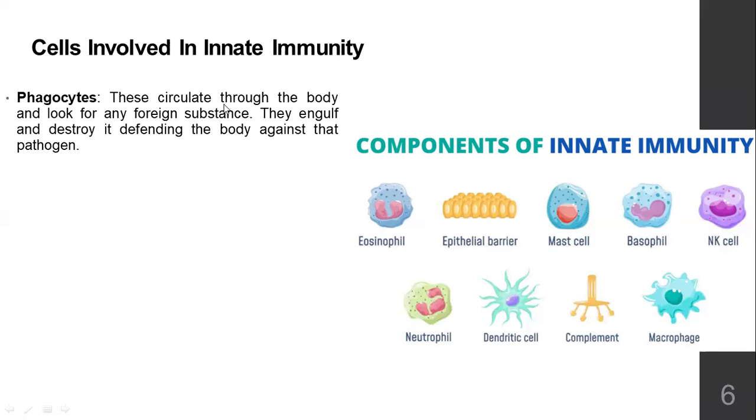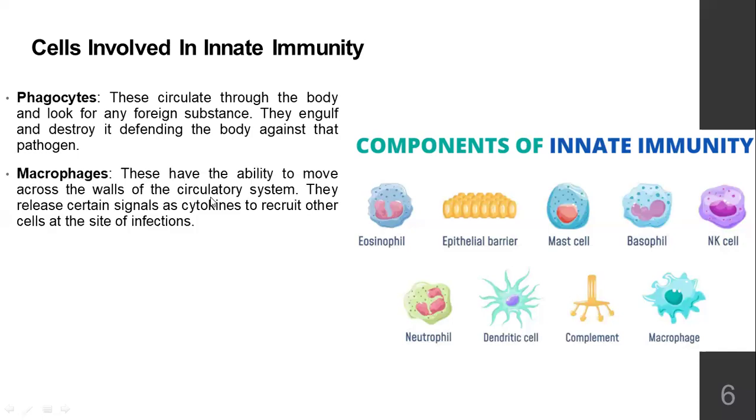So phagocytes circulate throughout the body and are always in search of any foreign substance. As soon as they come in contact with it, they will engulf it, swallow it, and completely destroy it within themselves. That's how it protects you.